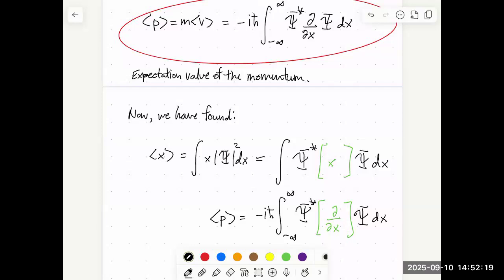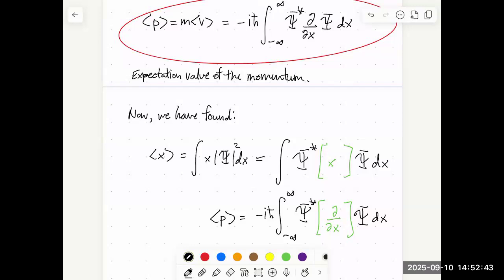It's an integral between phi star and phi with some operator between the two. If we're finding the expectation value of position, the operator is just multiplying by x. If we're looking for the momentum, the operator is minus i h bar times this derivative.